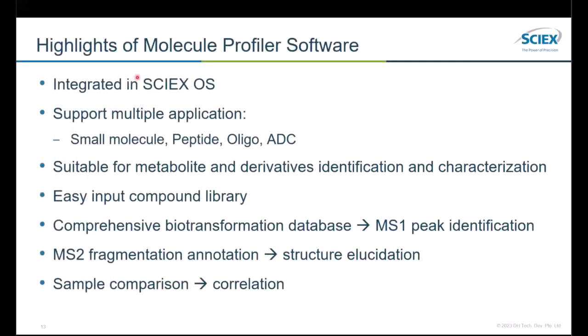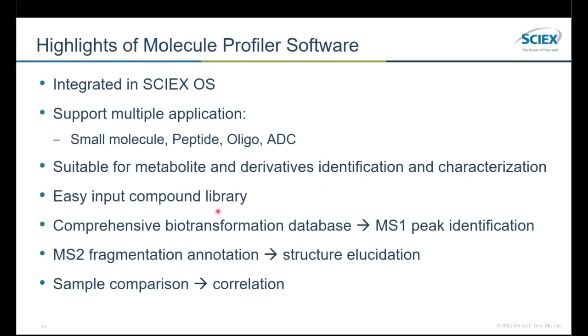Talking about the highlights of the Molecule Profiler software, it is integrated into SCIEX OS, as we discussed. It supports multiple applications, not only small molecules. You can also process your peptide, oligo, or ADC data, suitable for metabolite and derivative identification and characterization. You can also look for possible cleavages.